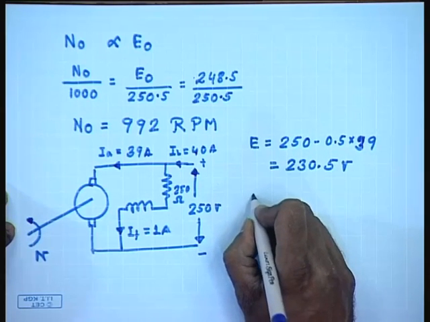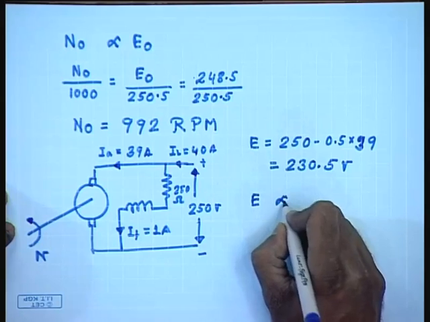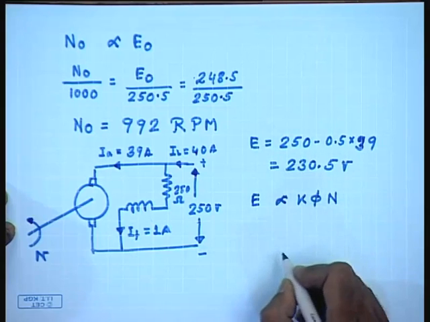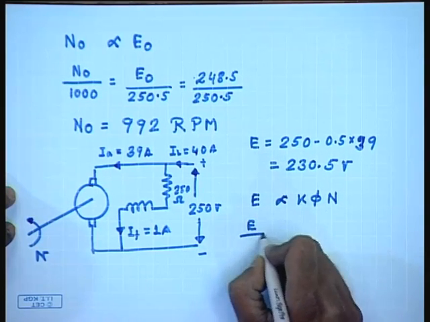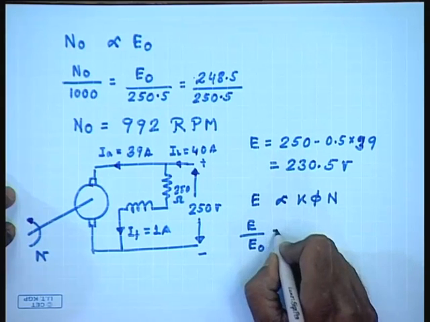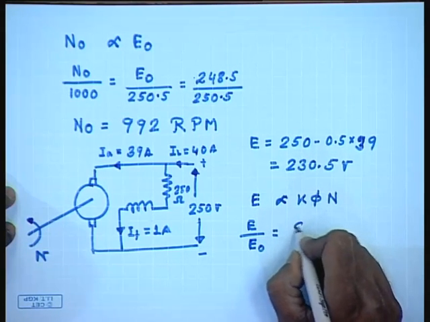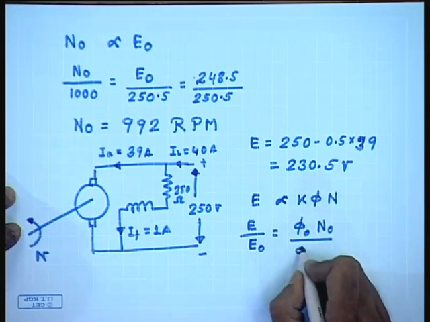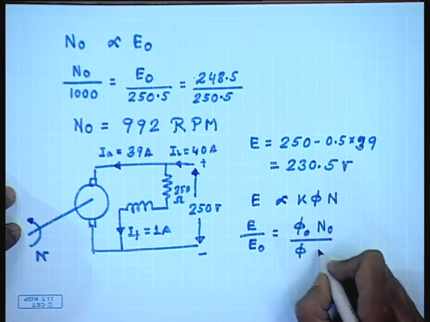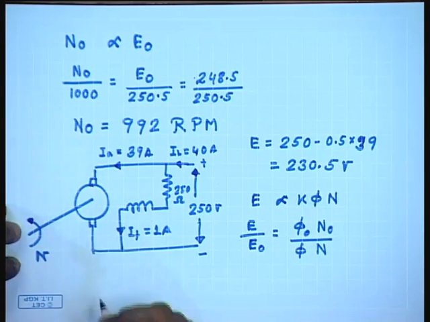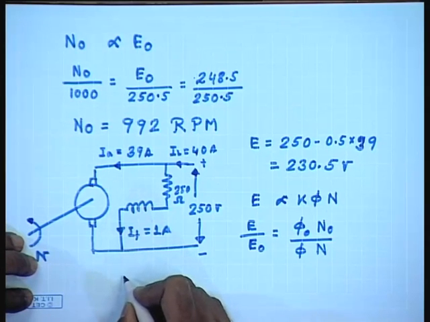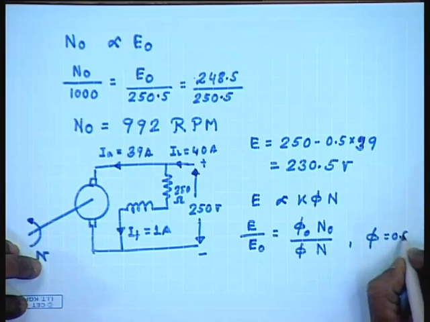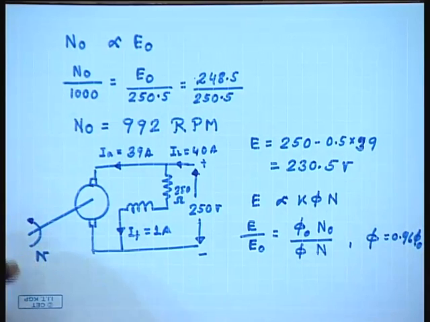Now, E is proportional to K phi N. So, E by E0 equal to phi at load times N by phi at no load times N0. Now, it is mentioned phi equal to 0.96 phi0 due to armature reaction.